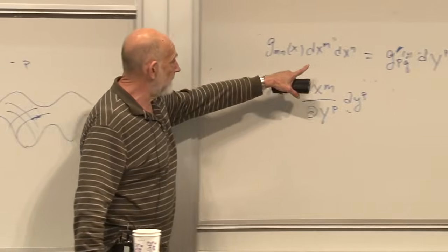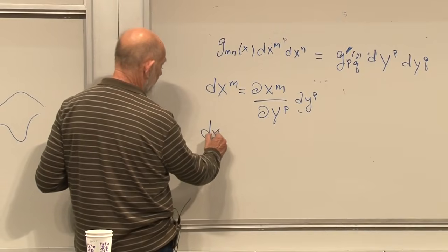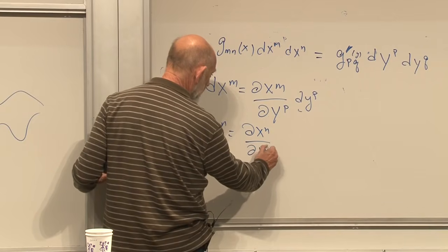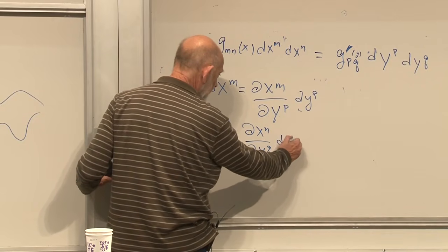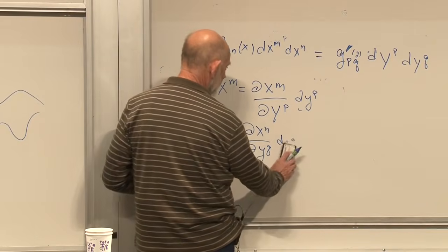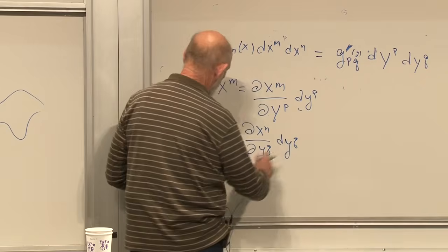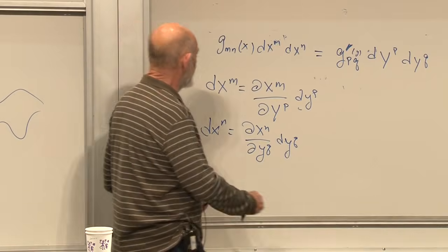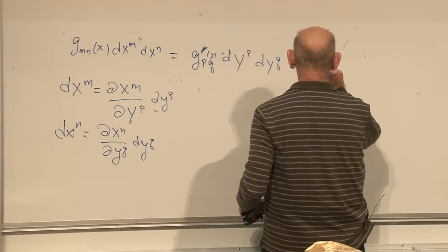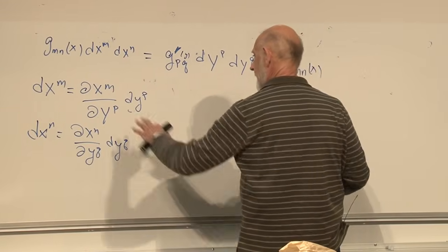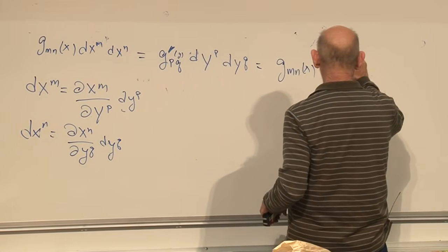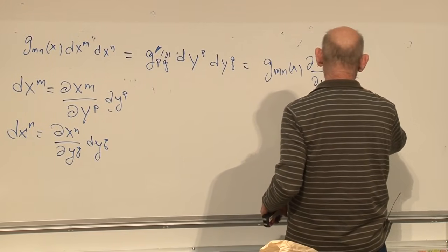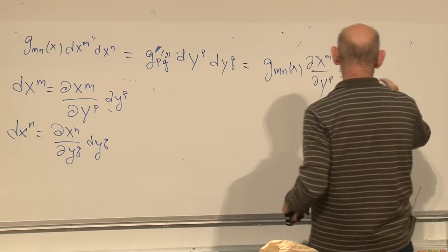And let's do the same thing for dx^n. dx^n is equal to the partial of x^n with respect to y^q, dy^q. And now plug these two expressions into here. Okay, so what will we get? We'll get that this is equal to g_mn(x), and now the partial of x^m with respect to y^p, the partial of x^n with respect to y^q, dy^p dy^q.